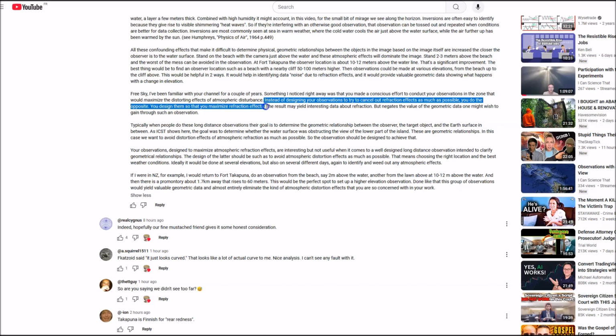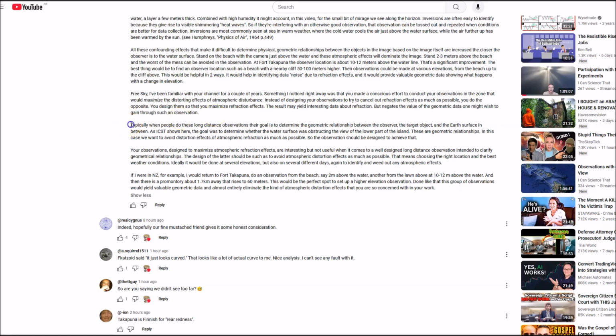You design them to maximize refraction effects. The result may yield interesting data about refraction, but it negates the value of the geometric data one might wish to gain through such an observation. So I'm pointing out that they are actually designing their observations to confound the data gathering regarding geometry.